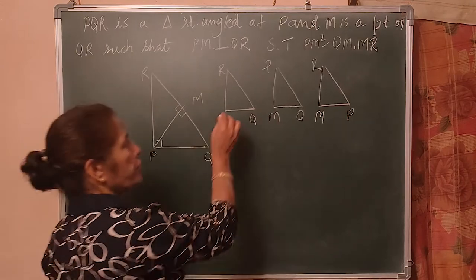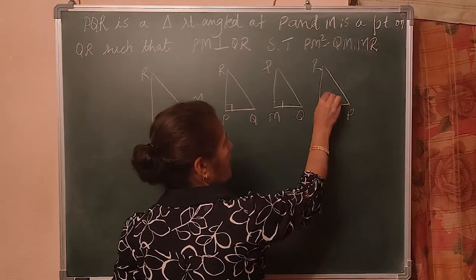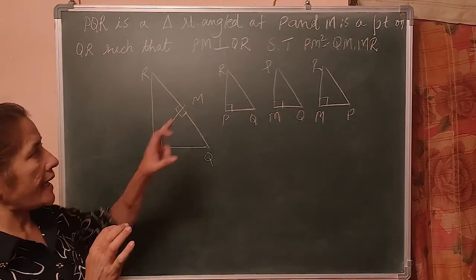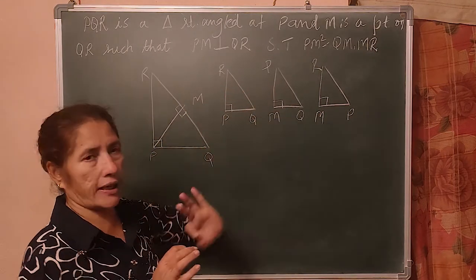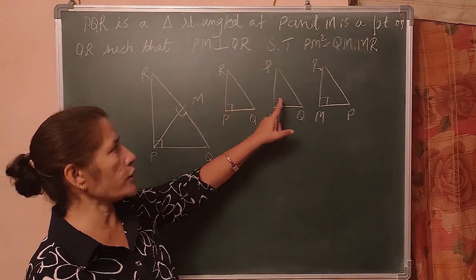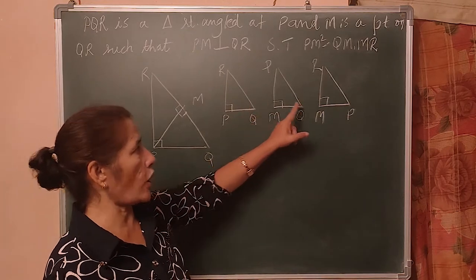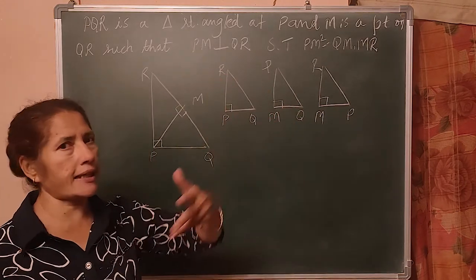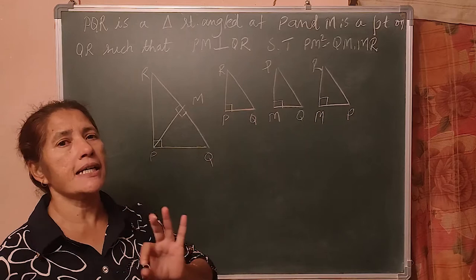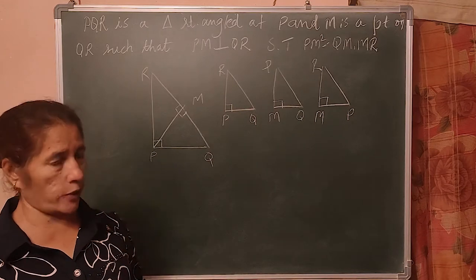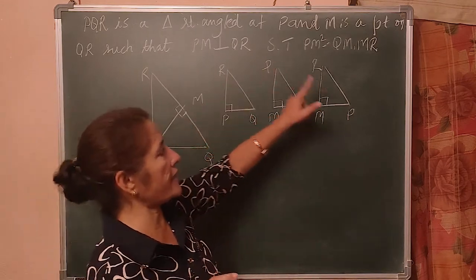So what can I do? If they have asked for 3 marks, you can prove that this triangle is similar to this triangle. How? This is equal to this, 90. This is common and the remaining angles are equal. Therefore, the two triangles are similar because they are equiangular. Again, this one and this one.